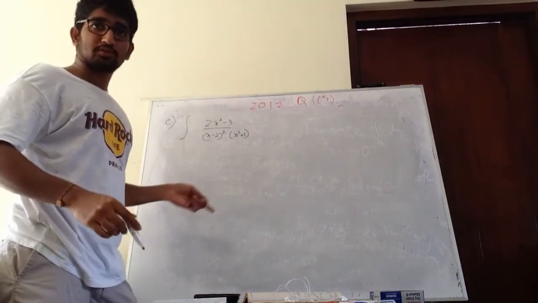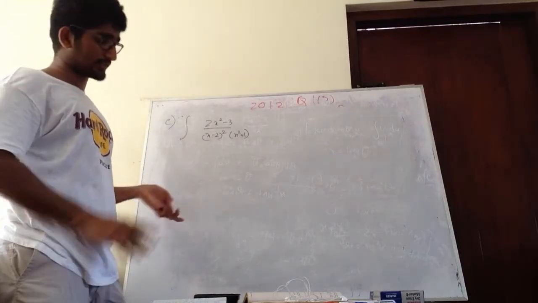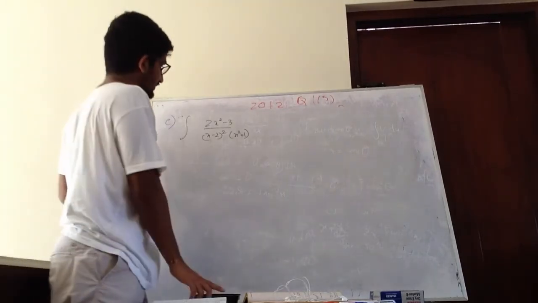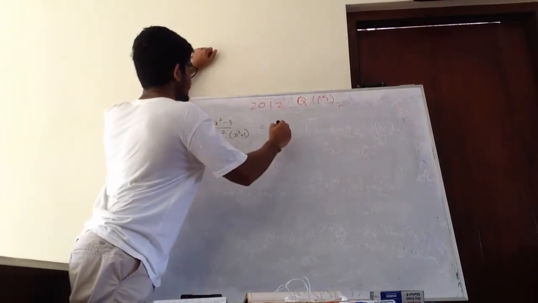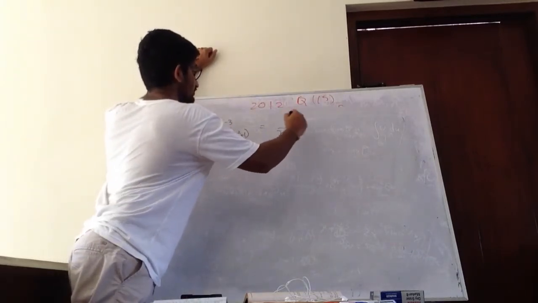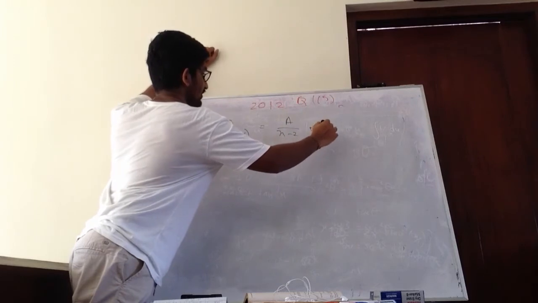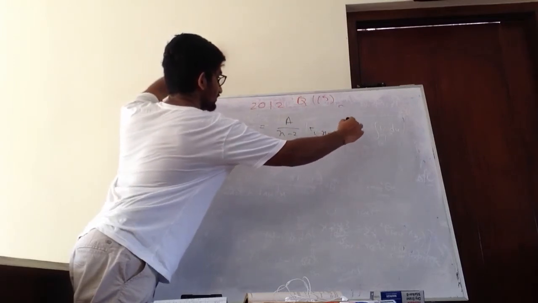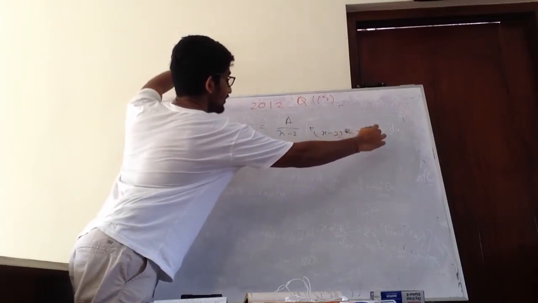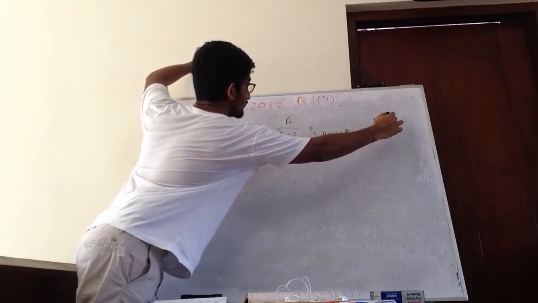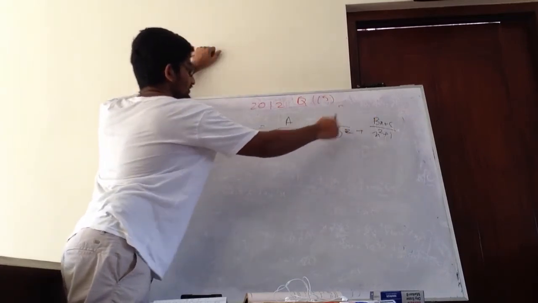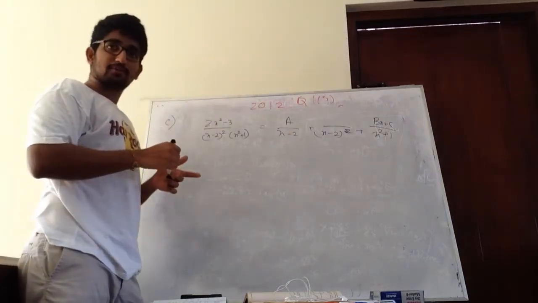Right, so we need to integrate this and use the partial fraction. So I'll first of all find the partial fractions. This is basically x minus 2, a x minus 2 squared plus x squared plus 1. I can find this straight away.